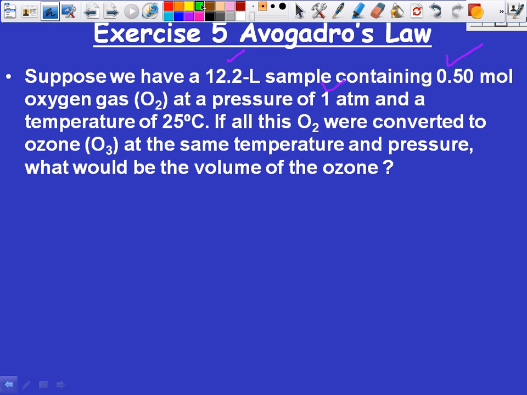They've given us a V, an n, a P, and a temperature T, which we know is going to be 298 K. We don't like Celsius, so we have 298 K right here. If all of this O2 were converted to ozone at the same temperature and pressure, what would the volume of ozone be? Notice, they've given you a huge clue.